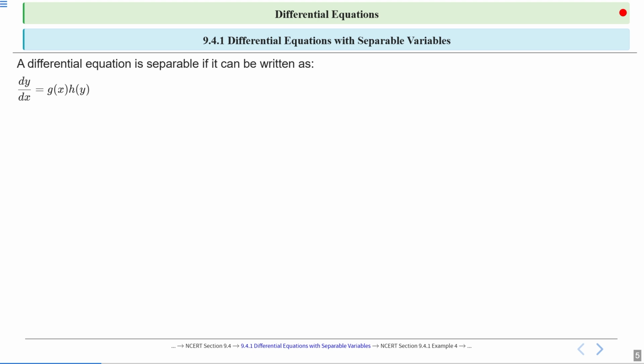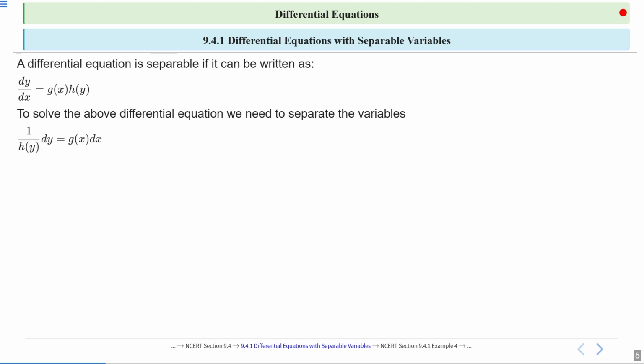That is, we can separate it with variable x and with variable y. So to solve this differential equation, we need to separate the variables.